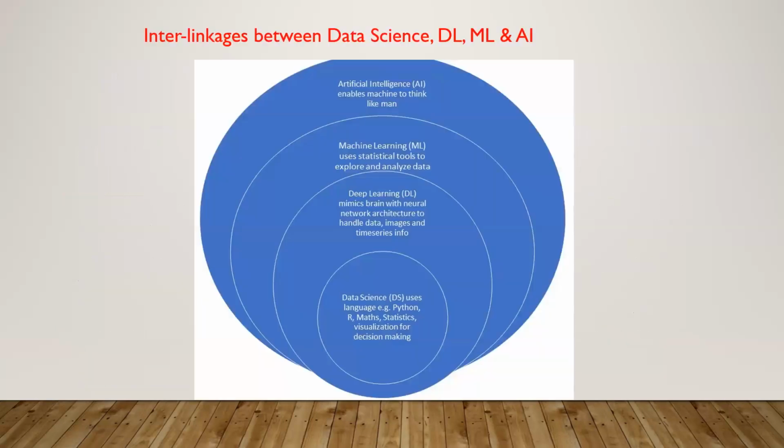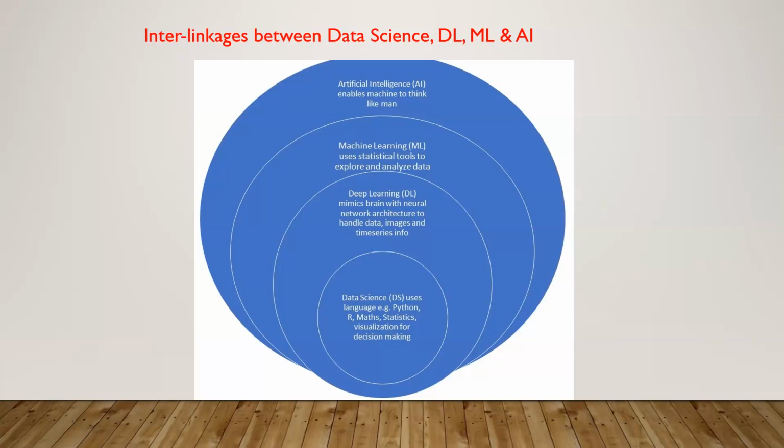I hope this diagram is clear. It's the one that shows you the relationships between data science, deep learning, machine learning, and artificial intelligence. So as we saw, the skills that you have in data science include learning the languages.